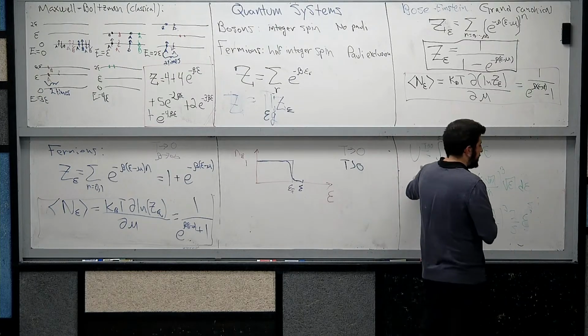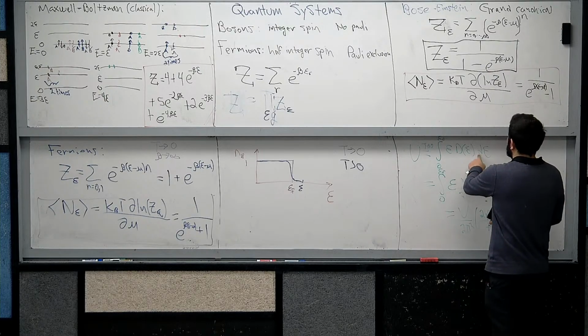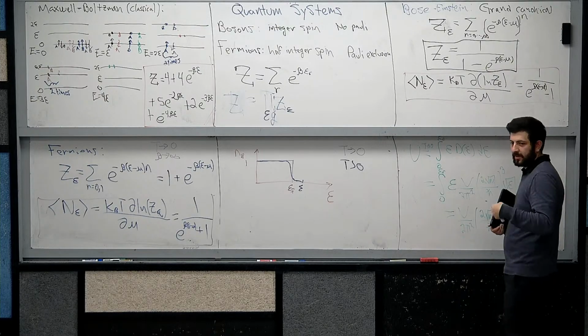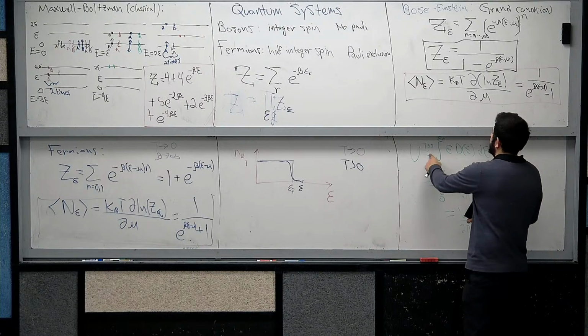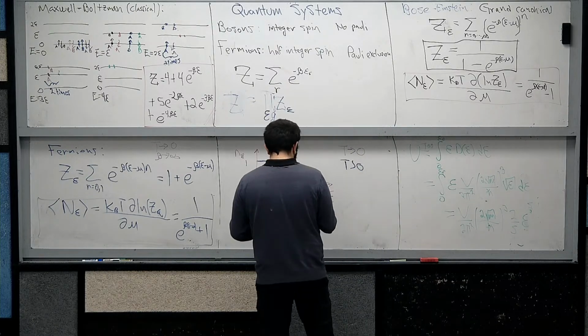Notice that if T is different than 0, then we would have to put a density of states that is different than a step function, and then we would have to take the limit to infinity instead of the Fermi energy.